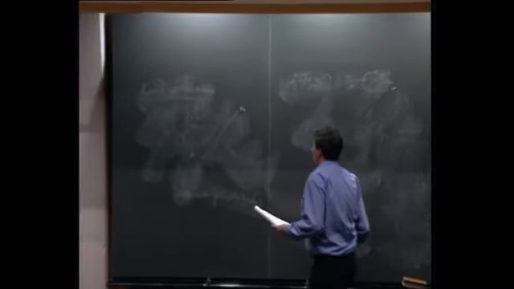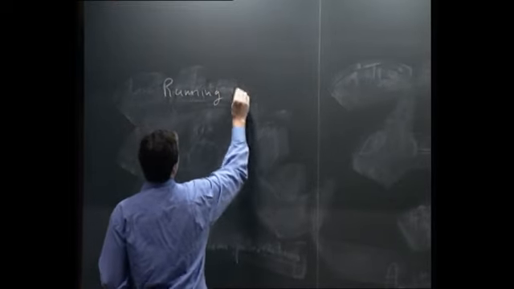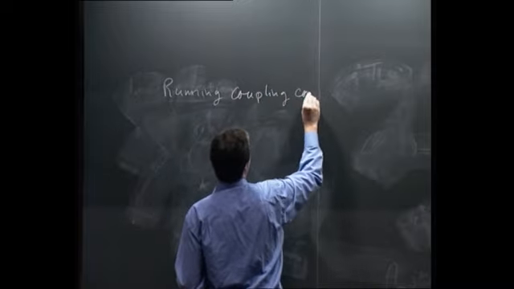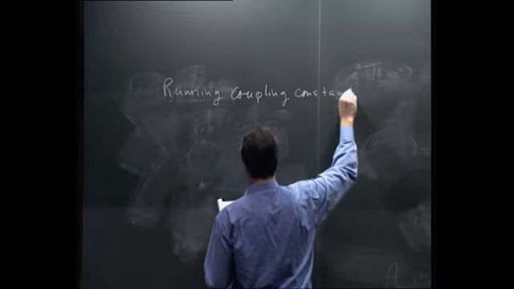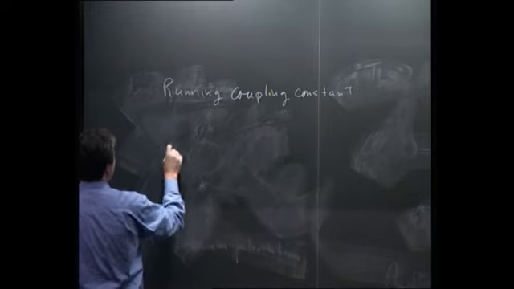So this is how we get eventually what's called the running of the coupling constant. So what's E of mu?